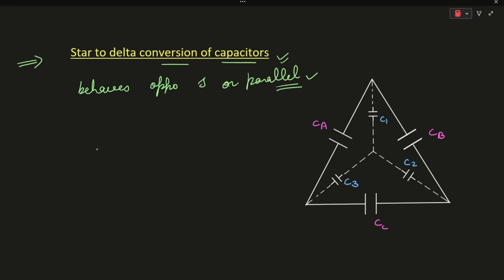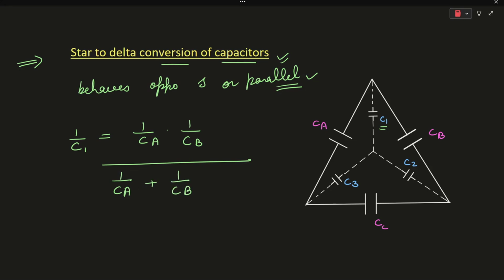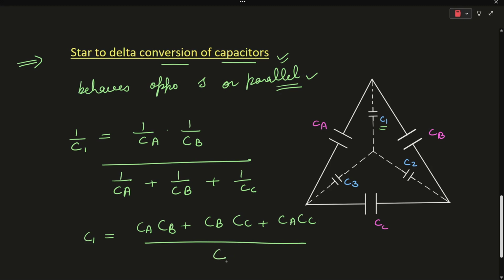So the value of C1 will be given as 1 upon CA into 1 upon CB over 1 upon CA plus 1 upon CB plus 1 upon CC. On simplifying it, we get C1 equal to CA CB plus CB CC plus CA CC over CC.